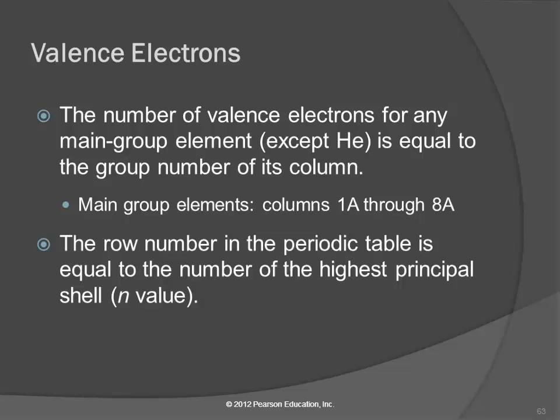Now those other numbers, 16, is that related in any way to 6A? Well, 16, 6A. Those other numbers without the A's, if you take the 1 off the front, it's the same. So group 15 is group 5A, 5 valence electrons. Group 17 is group 7A, 7 valence electrons.